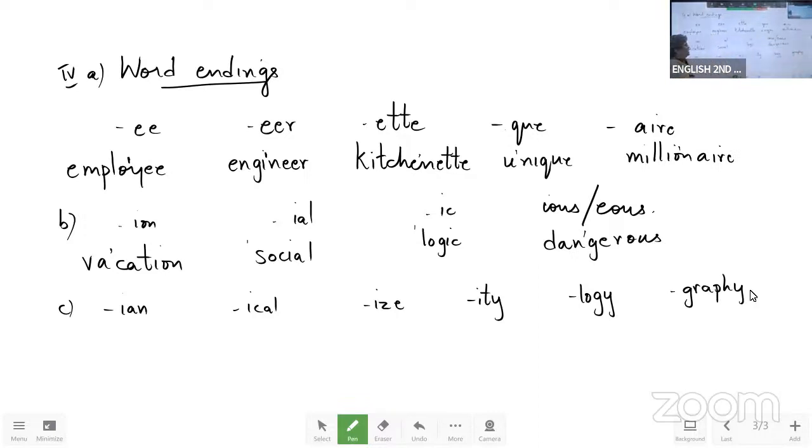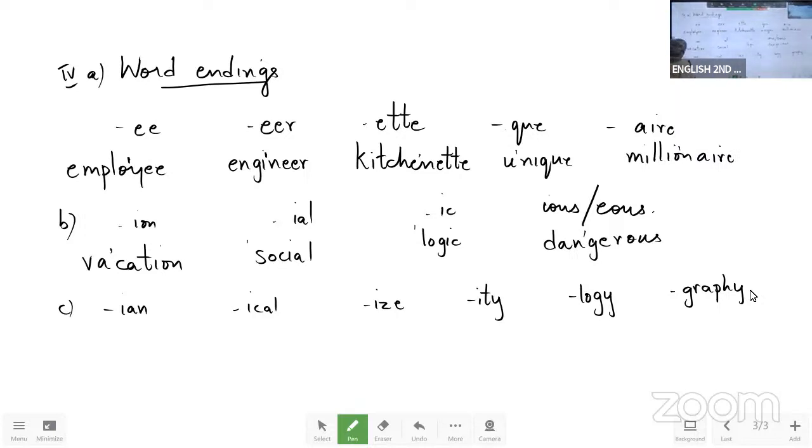Okay? This first thing you should remember, this cannot be a disyllabic word for the simple reason it is from the end on the third syllable. Third syllable from the end means it cannot be disyllabic. It can only be trisyllabic or polysyllabic word.